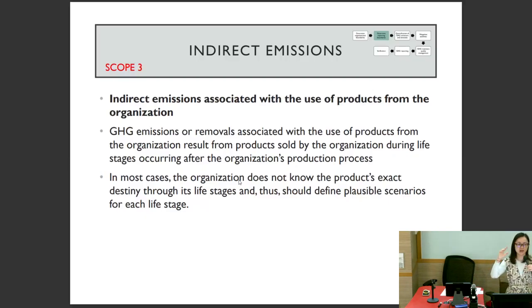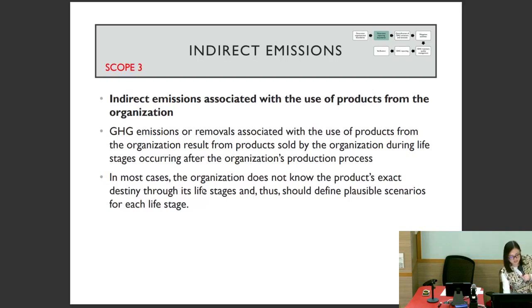Just like if I am a company manufacturing water bottles, when I sell these water bottles to the customer, how do they use them? In operation, maybe they put the water bottle in the dishwashing machine, consume some electricity and generate carbon dioxide. Or maybe when they throw away the water bottle in the landfill, it causes some greenhouse gas. So these would be due to the use of the product from the organization.